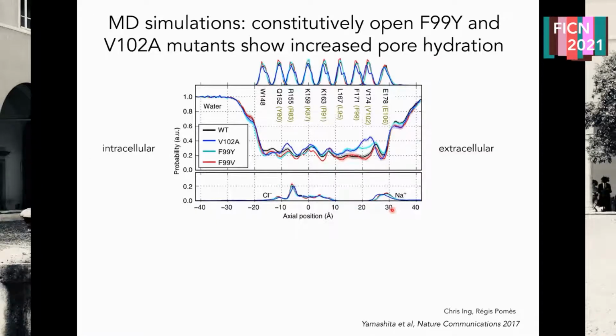Now, to more quantitatively address what exactly is happening in terms of the free energy for water and ion occupancy, we collaborated with Regis Pomes and his graduate student Chris Singh in Toronto, and they performed molecular dynamic simulations on a variety of different mutants.